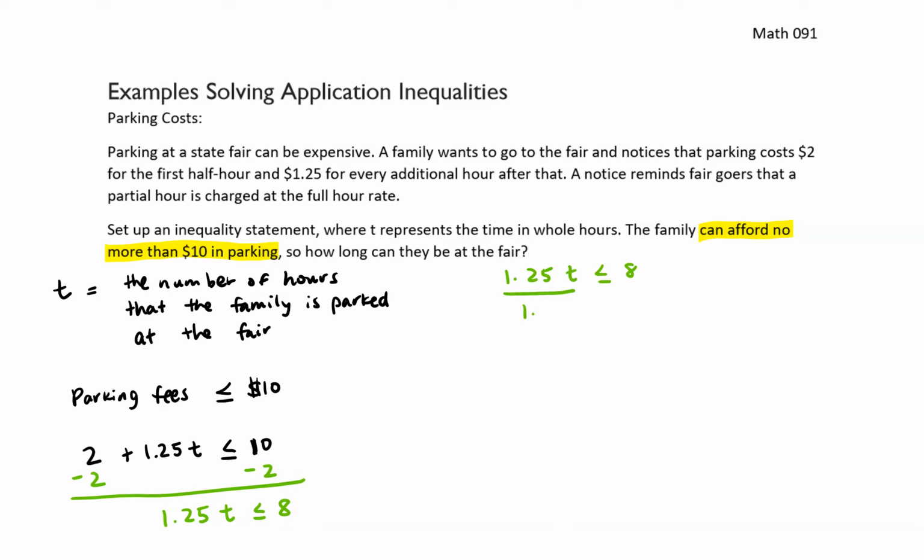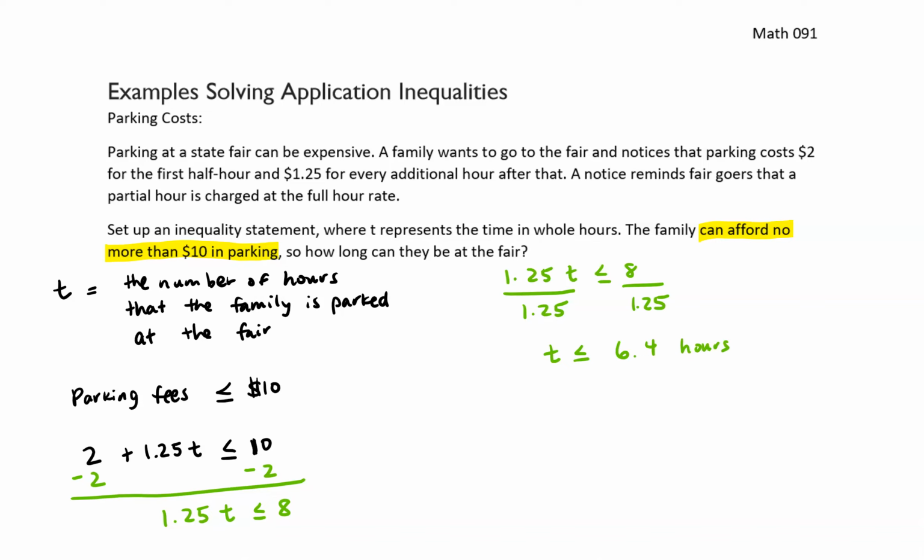Then I'm going to divide both sides by 1.25. And I did not multiply or divide by a negative, so the inequality symbol is just going to stay the same. So the calculator tells us that t would be less than or equal to 6.4 hours.